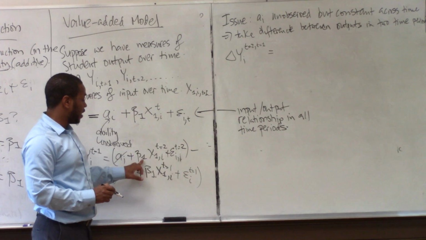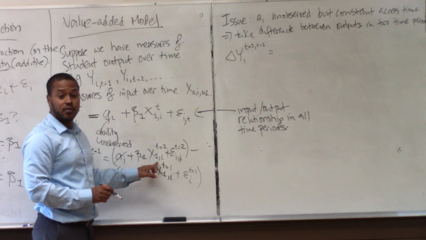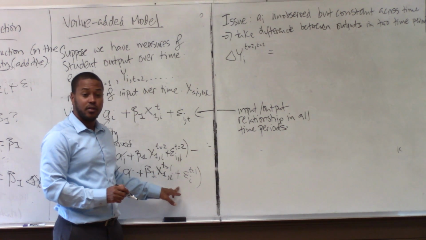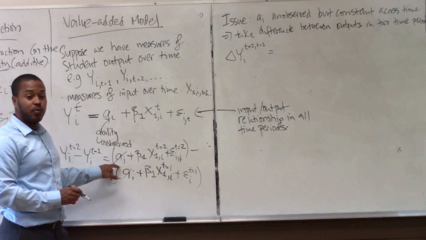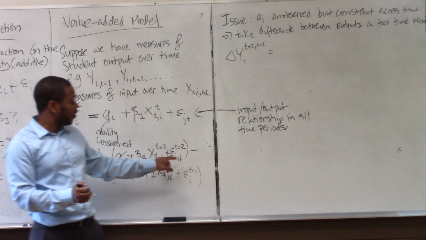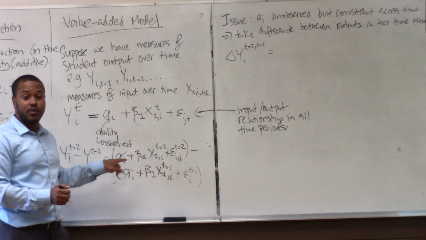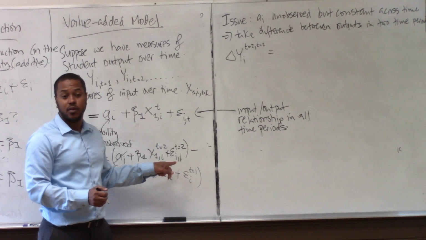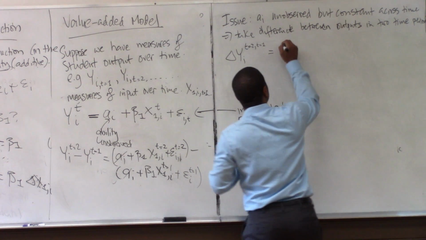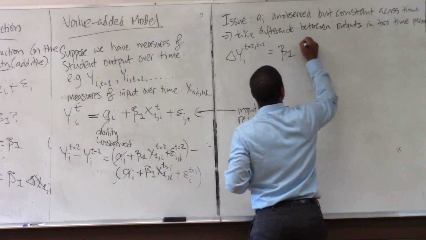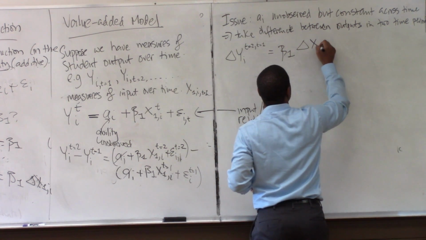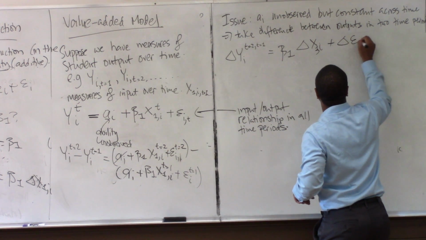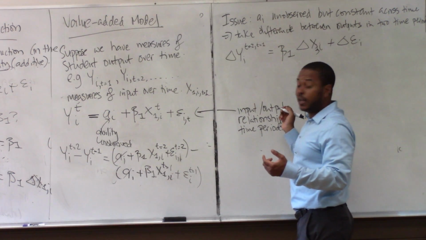So we're just going to get beta 1 times the difference in the two x's, right? And then we're going to get the difference in these two errors here. Since we've modeled the unobservability, we've taken out of the residual the part that's unobservable. And so anything that's left over here is not going to be related to unobservability. And so this is simply going to be beta 1 times the difference in x1 for person i plus the difference in the epsilons for person i. And that's going to be it.